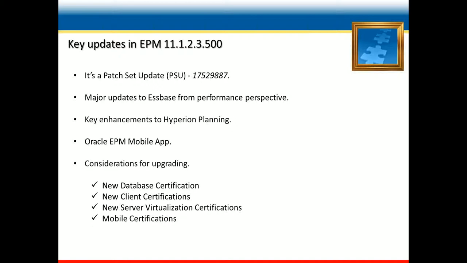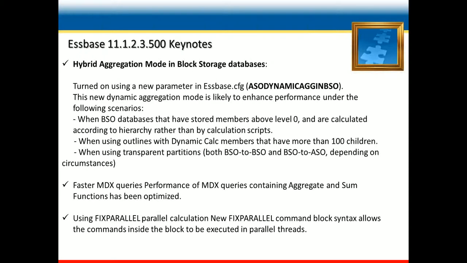I'll be covering updates related to the Essbase product and the enhancements to the Hyperion Planning product, and why we should upgrade to the .500 release. There are several new things here: new database certifications, new client certifications, new server virtualization certifications, and the mobile certifications.